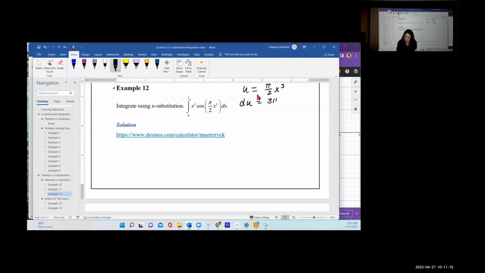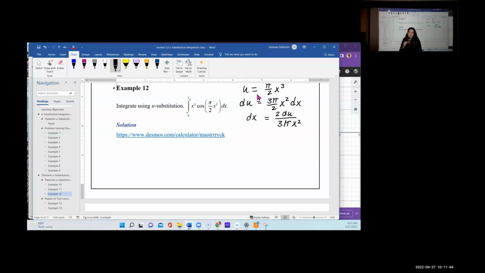So this gives us du = 3 pi over 2 x squared dx. I'm going to go ahead and solve for dx. So I get dx equals du times the reciprocal of 3/2, which is 2/3. So I have 2 over 3 pi x squared. So that's what's going to replace my dx.